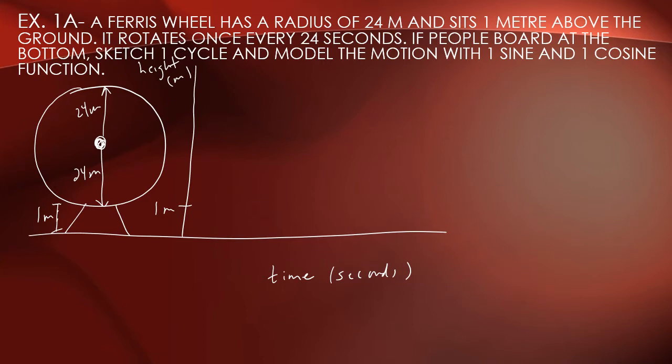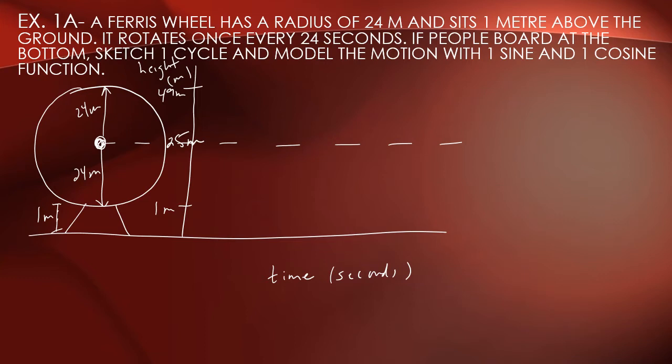Plus 1 above the ground, right, is 49. So right there is 49 meters. And then in the middle, that's the center of our wheel, that would be 1 plus 24, which is 25. So we've already come up with a lot of the key information without actually knowing it.